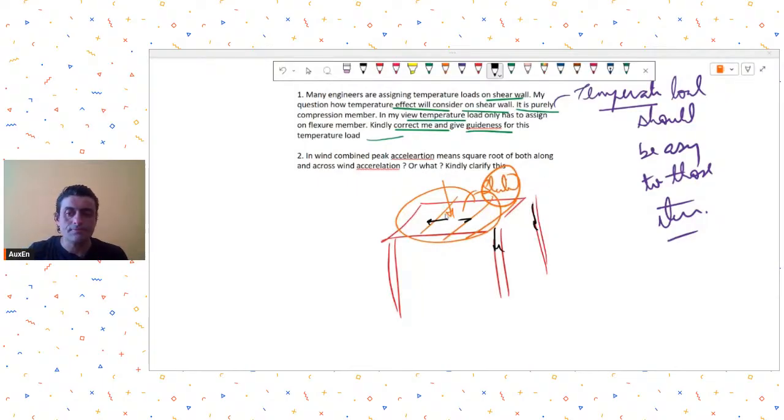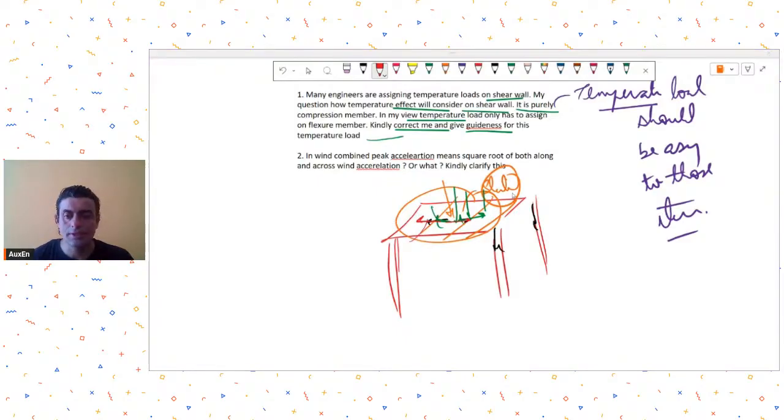So my opinion is that you should assign the temperature on your slab elements, the horizontal elements which have first of all the largest surface area and which are exposed to sun or exposed to temperature changes, and then upon applying those loads, the software on its own will, due to these changes, transfer the forces to these other elements.